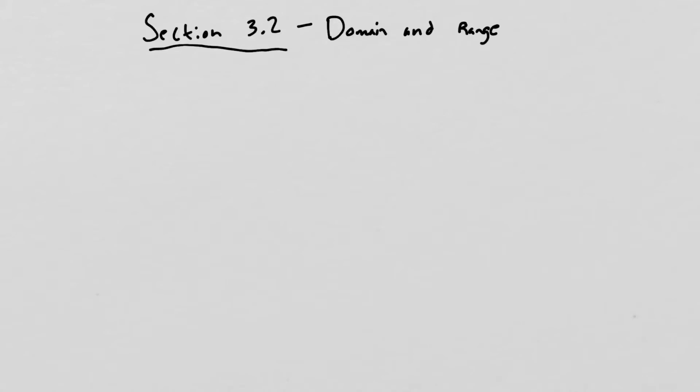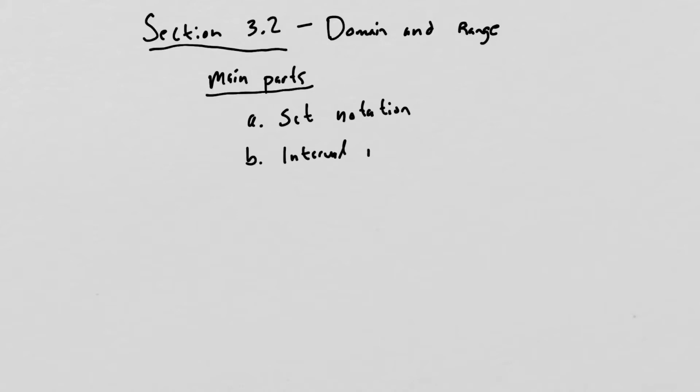We'll go ahead and break this section down into 5 different pieces. In part A, we'll be looking at set notation. In part B, we'll be looking at interval notation. In part C, we'll find the domain and range of graphs.